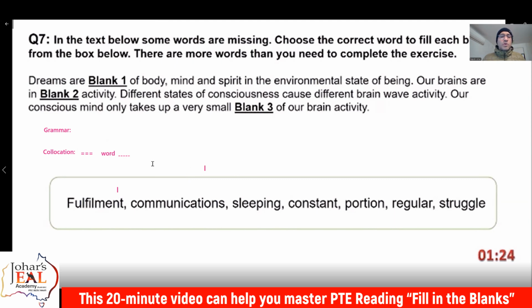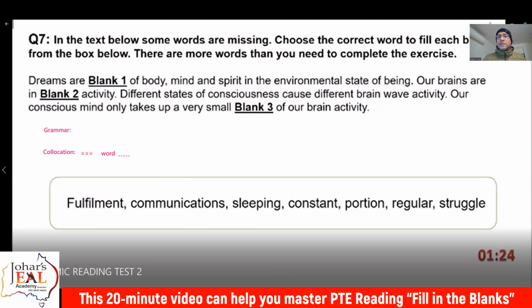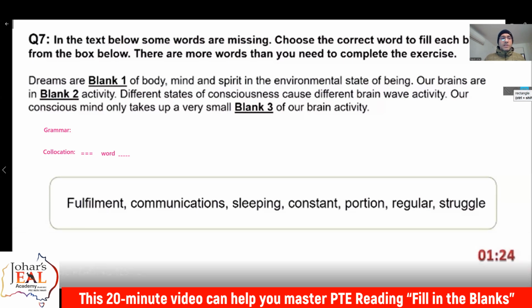When we talk about collocation, prepositions have a big role. What are prepositions? In, on, off, at, these kinds of prepositions. Collocation means some words come in specific environments. For example, we say refer to, always refer to. That's a kind of collocation.